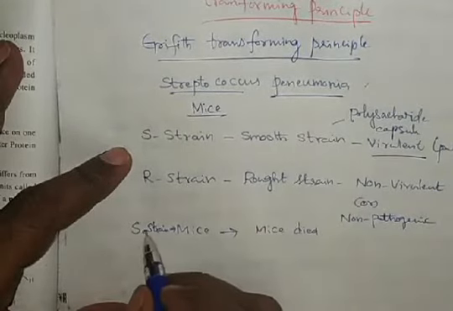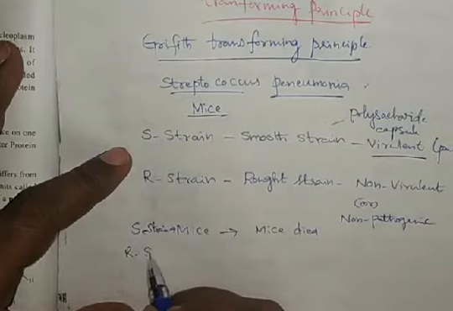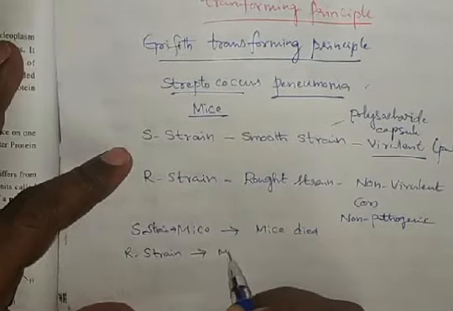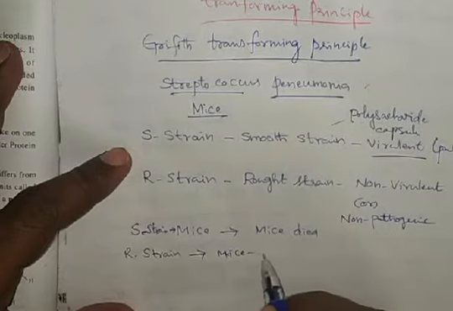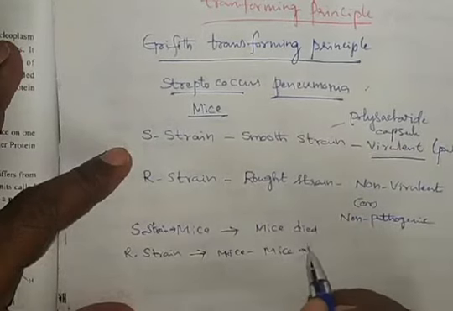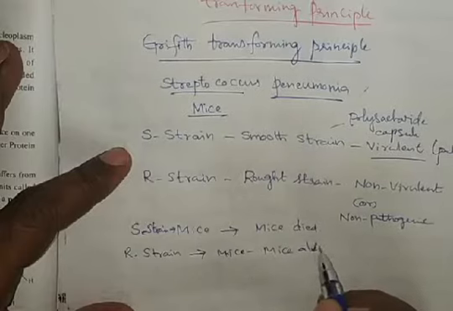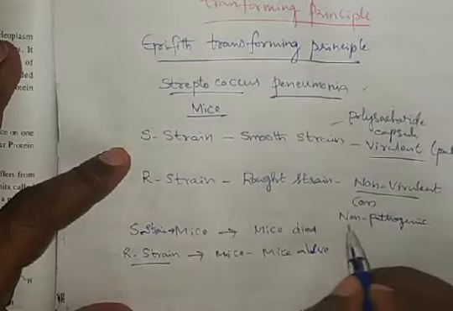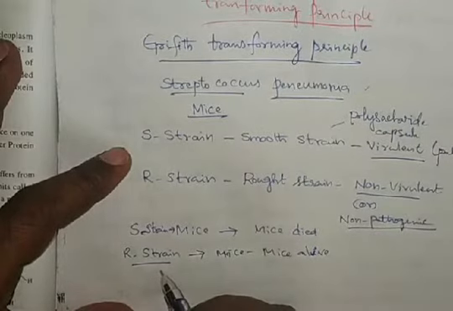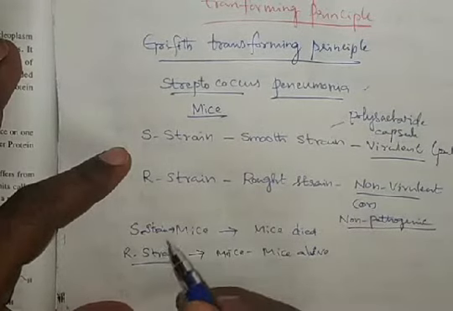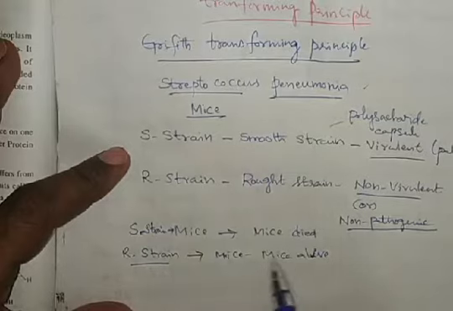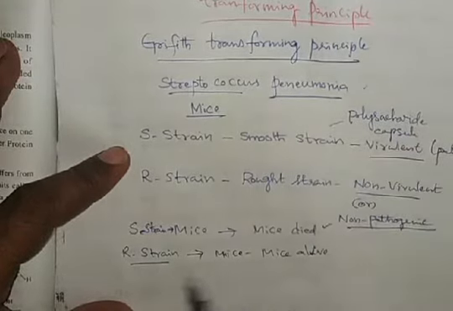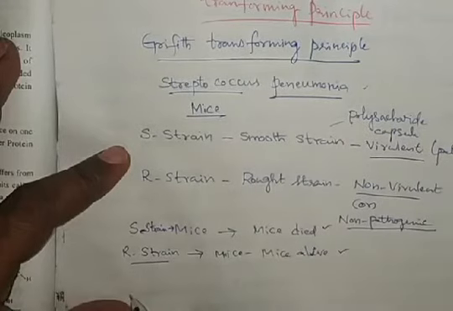And next, the R strain is injected into mice. Then the mice are alive, because the R strain is non-virulent and non-pathogenic to the organism. So when the two strains are injected separately, with the S strain the mice died, and with the R strain the mice are alive.